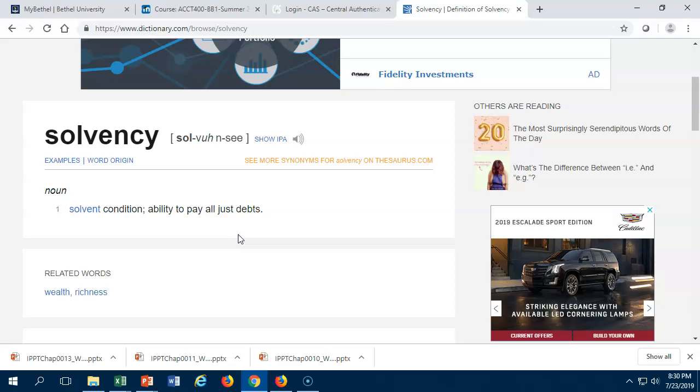A cash flow statement should give you an indication of how you're able to pay for those assets, whether you took a loan or paid out of cash.